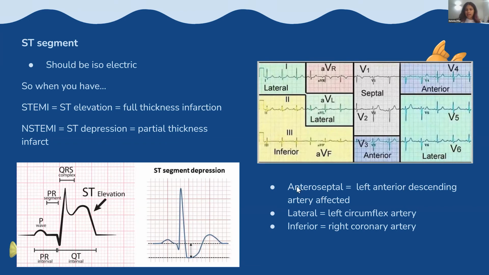So anterior or septal leads are representative of the left anterior descending artery being affected. When we're seeing STEMIs within the lateral leads, that means the left circumflex artery is involved. And when we're seeing ST elevation within the inferior leads, so lead 2, lead 3, AVF, that means the right coronary artery is affected.